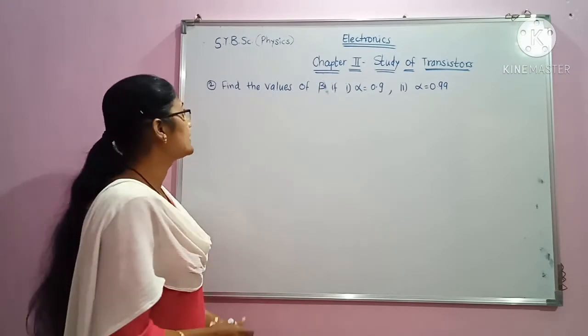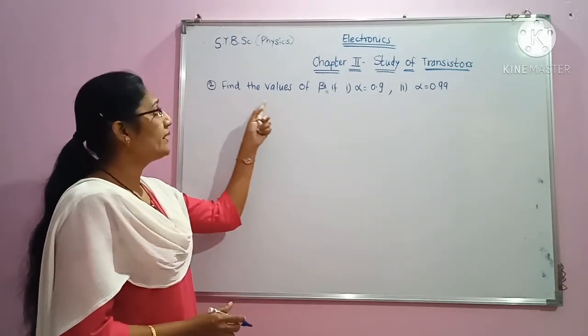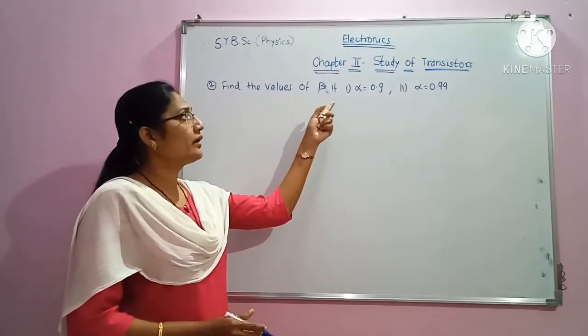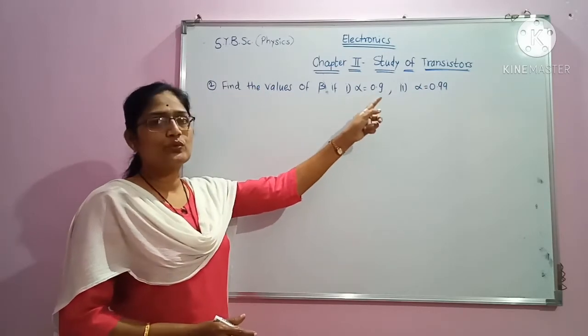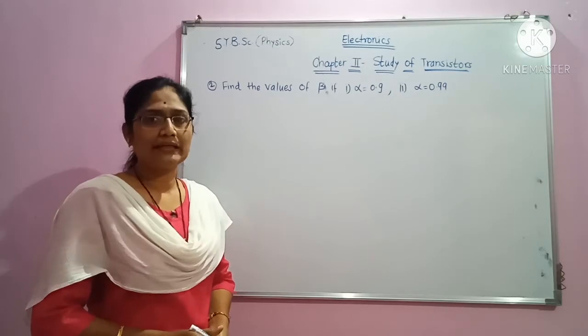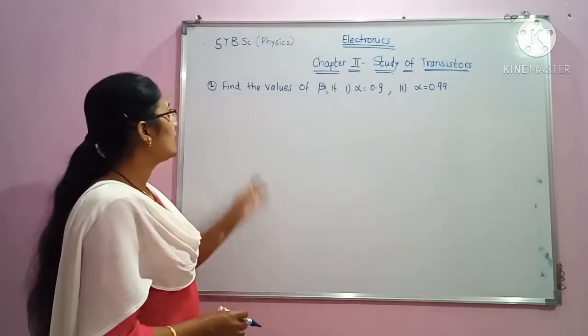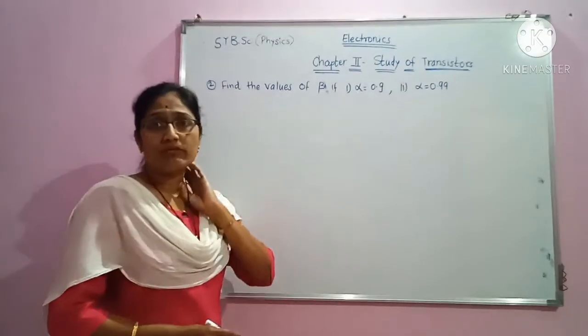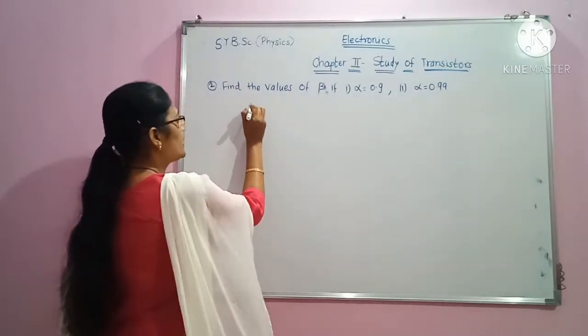Our second example is to find the values of beta if alpha is equal to 0.9 and alpha is equal to 0.99. It means that we have to find the value of beta. What is beta?